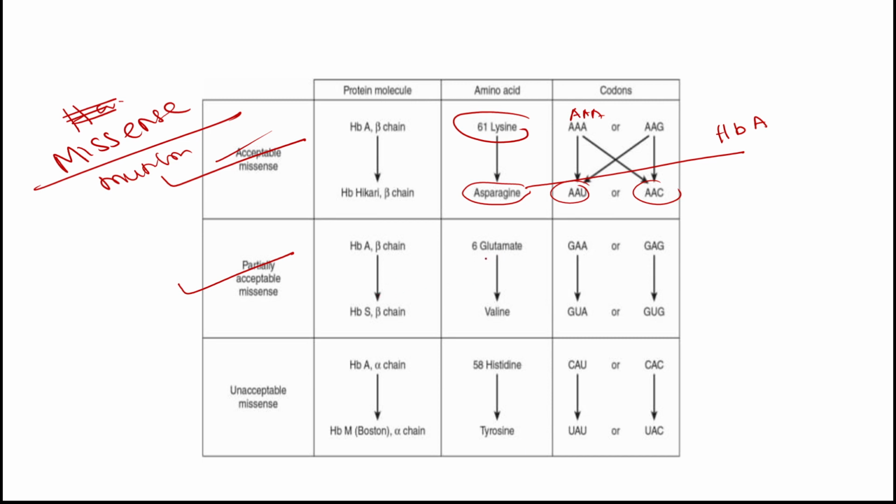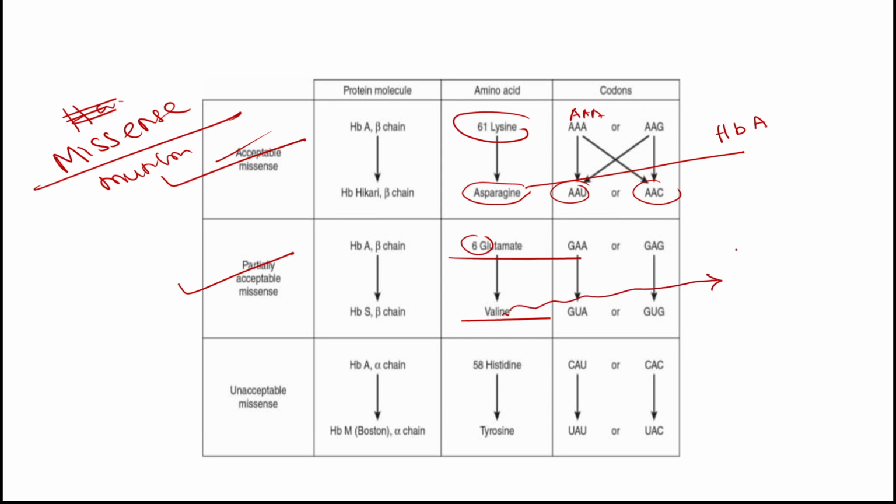In sickle cell anemia, glutamate, now see the position, it is present at 6. Glutamate is substituted by valine.